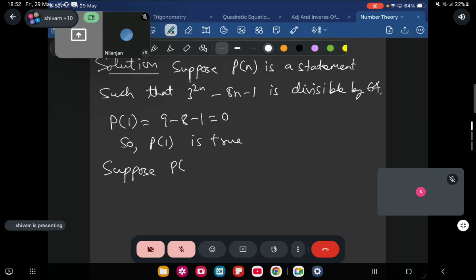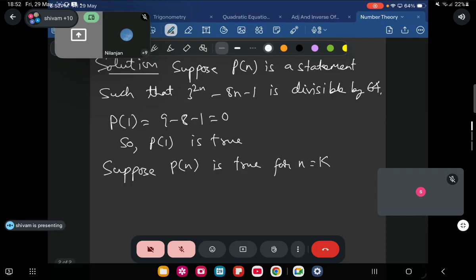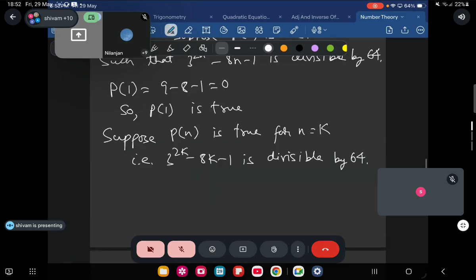That is, 3 to the power 2k minus 8k minus 1 is divisible by 64.